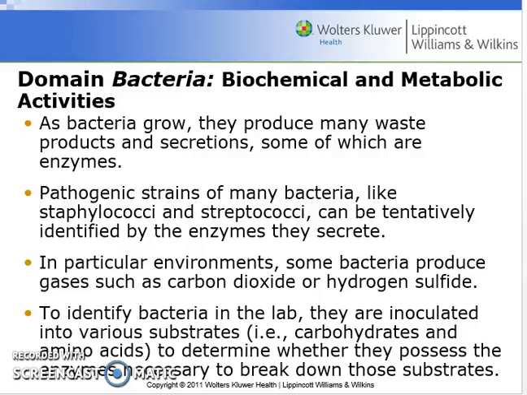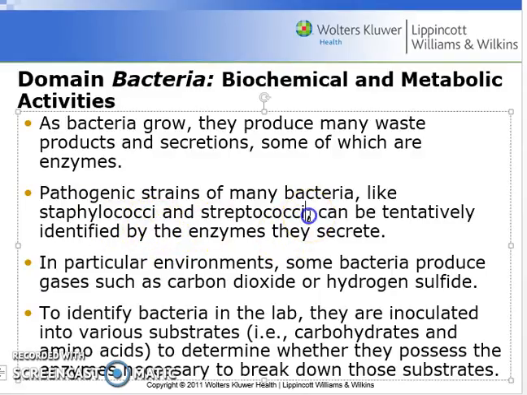One example is that of Staphylococci and Streptococci. These are two genera that express enzymes called hemolysins, which are used to break down red blood cells. We're able to understand the differences between Streptococci and Staphylococci because of this unique characteristic.